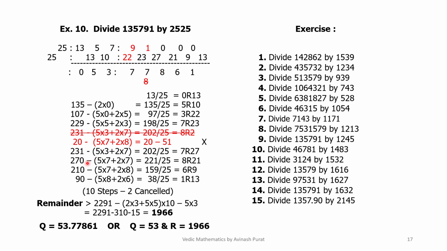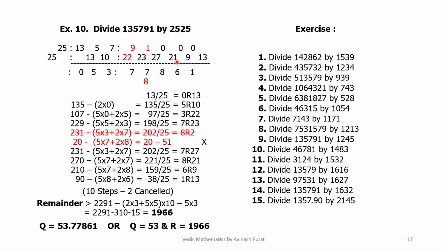So 270 minus 5 into 7 plus 2 into 7, that is 14 plus 35, 49. 270 minus 49 is 221 divided by 25 equal to 8 is quotient and 21 is remainder.